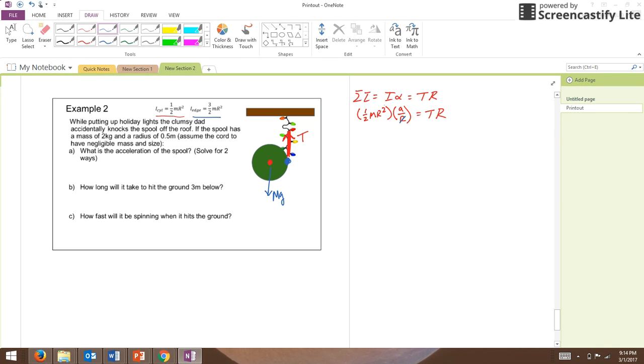This R in the denominator cancels with one of the R's in the numerator, and this R on this side cancels with that R on that side, because R is in every term. That leaves us with just 1/2 MA equals T. And just like last time, we're stuck because we have two unknowns, A and T. So just like last time, we will sum our forces.